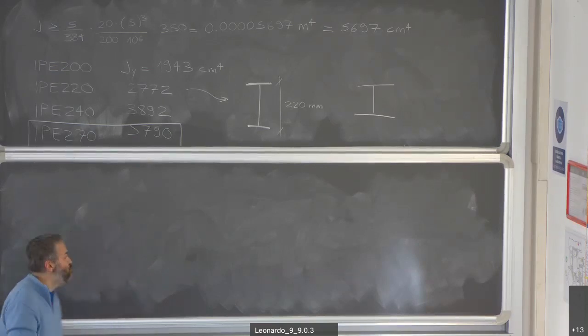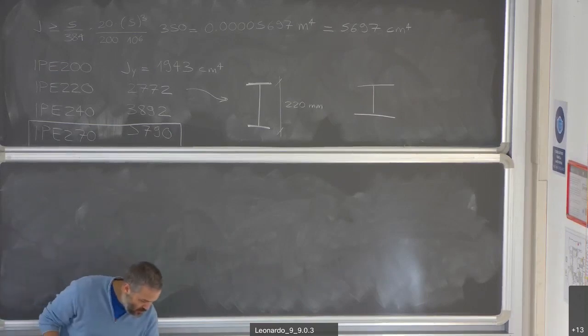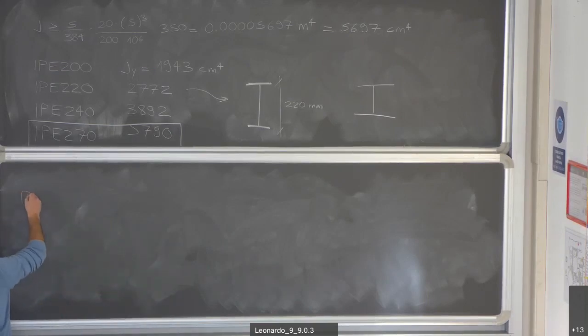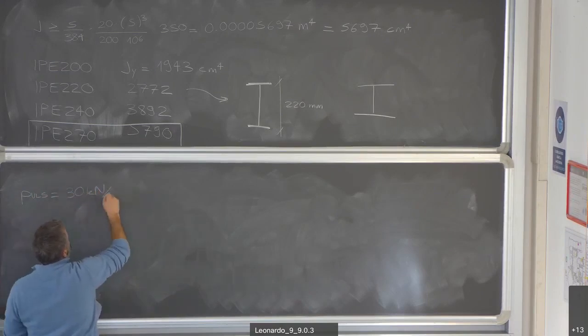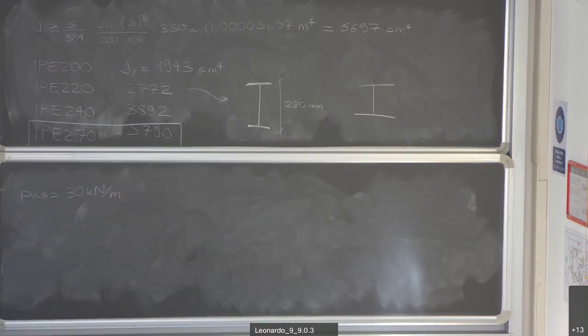Now, the datum you need here is P ULS. Is equal to what? 30 kilonewton meter. If it says check the bending capacity, I'm suggesting don't look at the shear, just look at the bending moment. Now, we know what the maximum bending moment on the beam is.